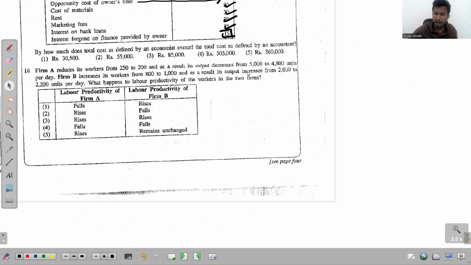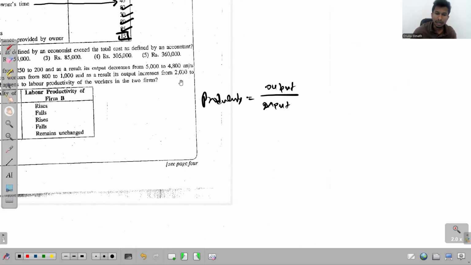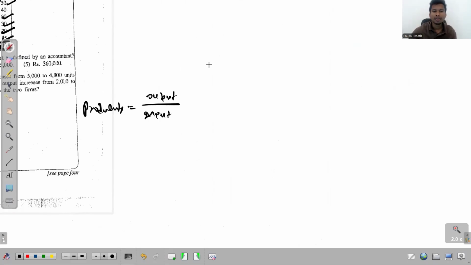All right, so this is how we calculate productivity. We write the equation: productivity equals simply output divided by inputs. In this case, it's about the inputs of labor. We have two situations and two firms, so let me first write firm A, situation 1, and then situation 2.